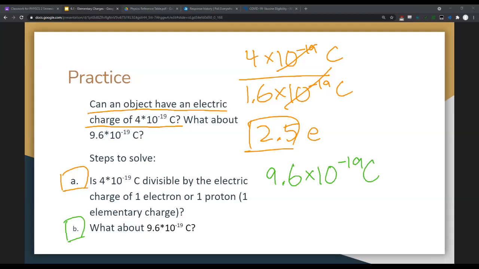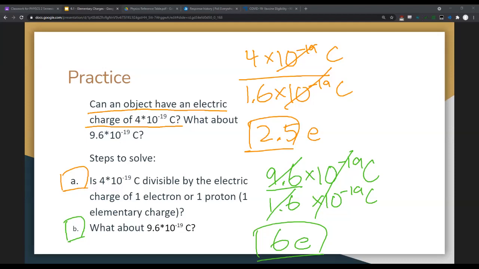Yes. Why? 9.6 is divisible by 1.6. Exactly. That's really the only justification I need. If we divide 9.6 by 1.6, you get 6, which is an entirely possible number. You can have 6 electrons.